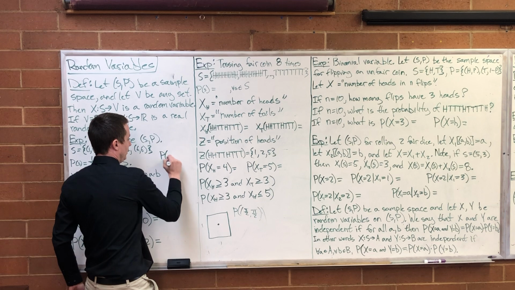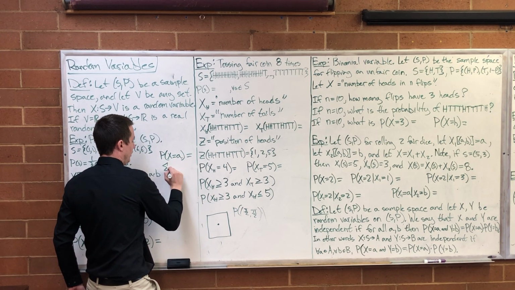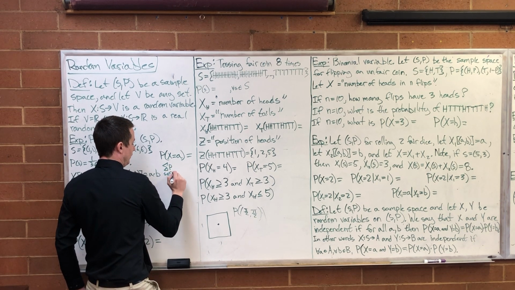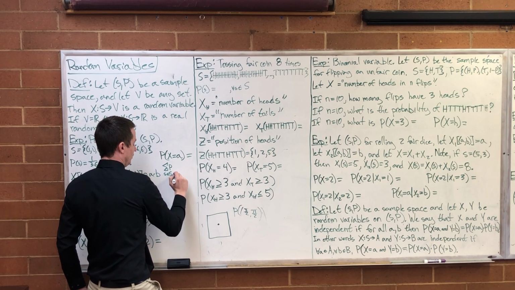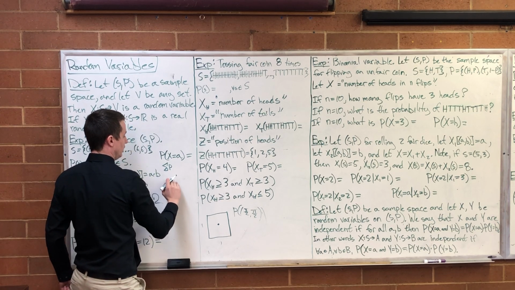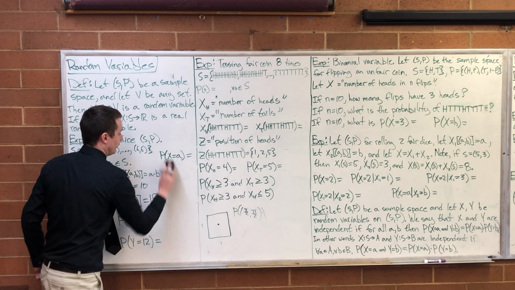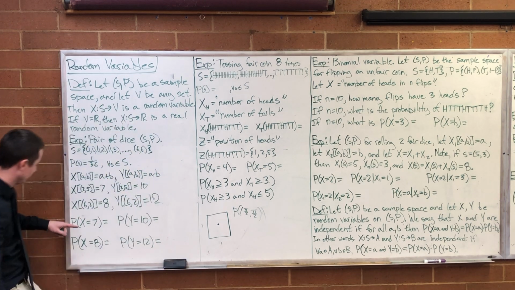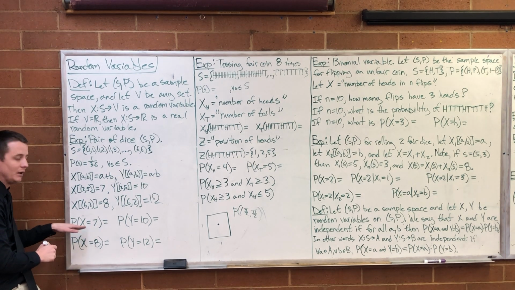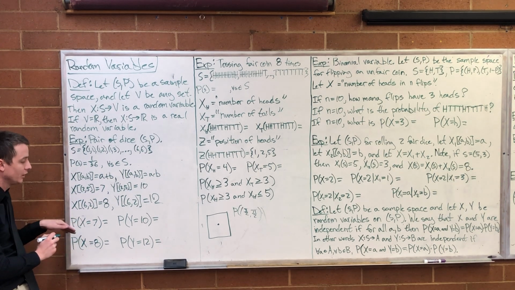The probability that X is equal to a is equal to the sum over all s in S such that X of s equals a. Well, we'll come back and write the definition explicitly. Let's not confuse you. So when I say the probability that X is equal to 7, that means the probability that the random variable spits out a 7. What's the probability that my random variable spits out a 7?